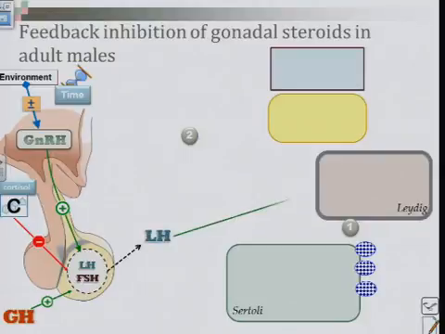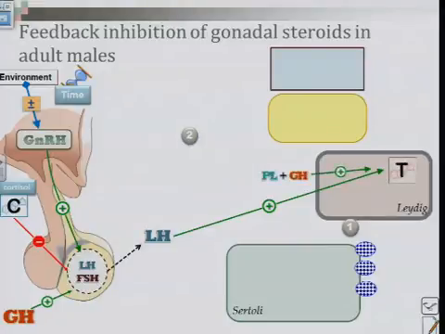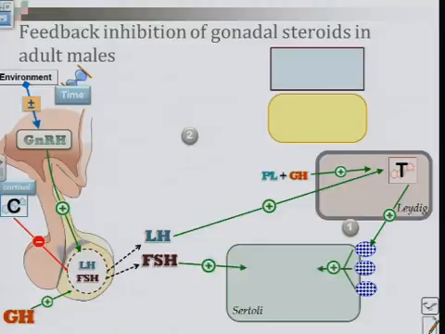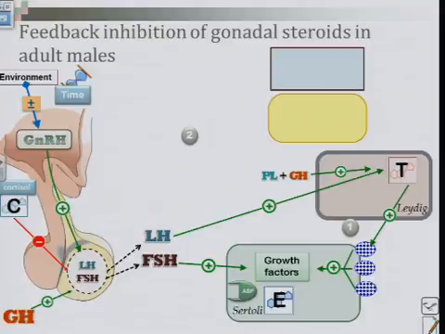Luteinizing hormone then, along with prolactin and growth hormone, results in testosterone synthesis. Testosterone then is required for nurturing developing sperm. FSH, along with growth factors from the sperm and the Sertoli cells, plus estrogen and androgen binding protein, are all made in the Sertoli cells.